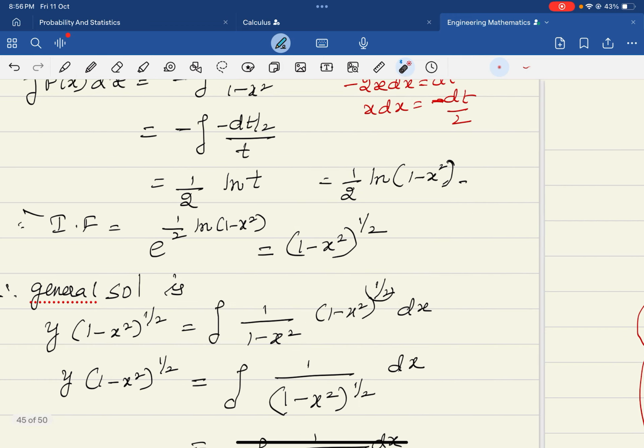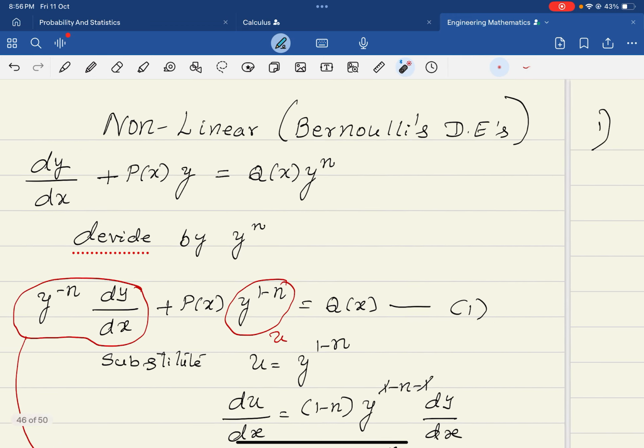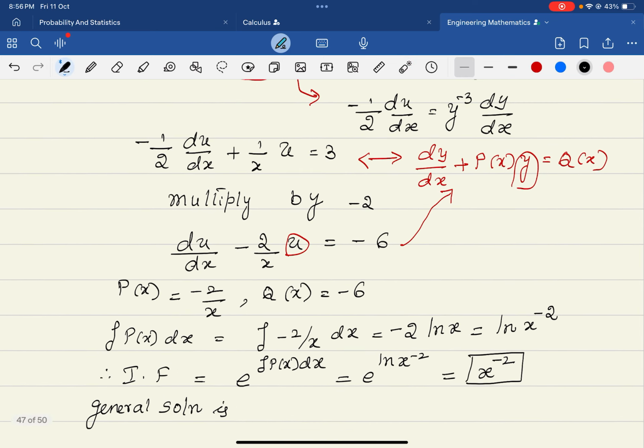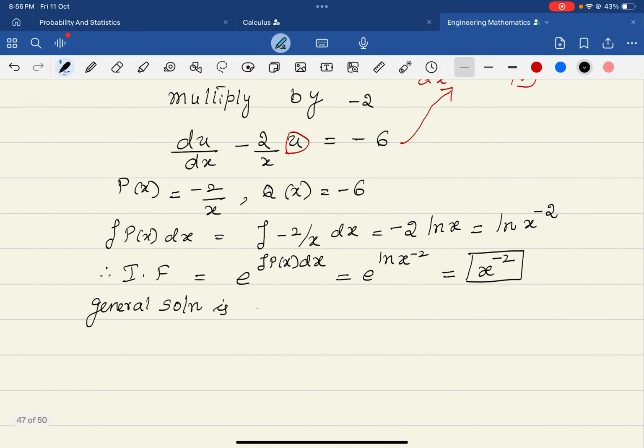That is the general solution. Now similarly, here in the place of y, you have u, right? So the general solution is given by u times the integrating factor is equal to integral of q of x times the integrating factor dx plus the constant. So now what is the integrating factor we got?